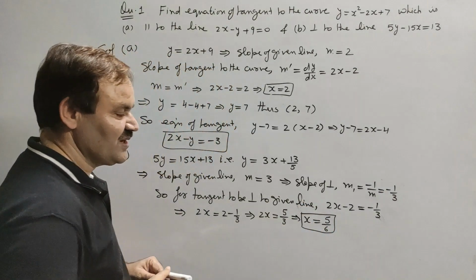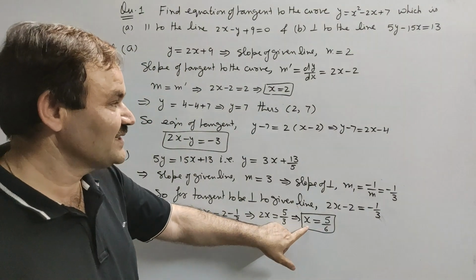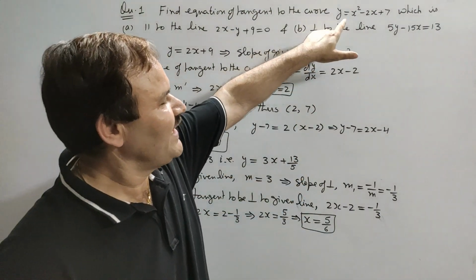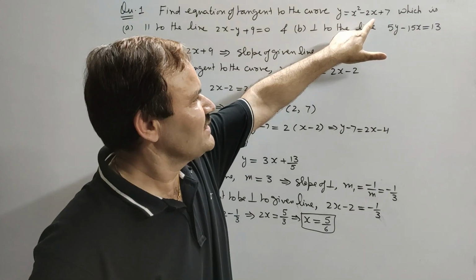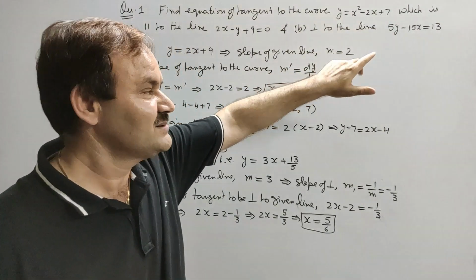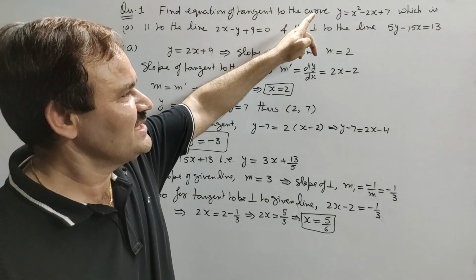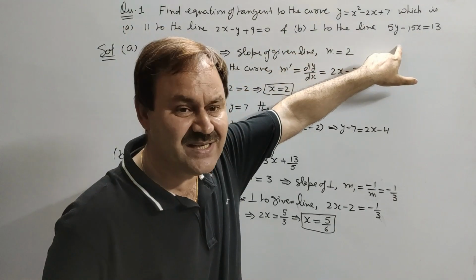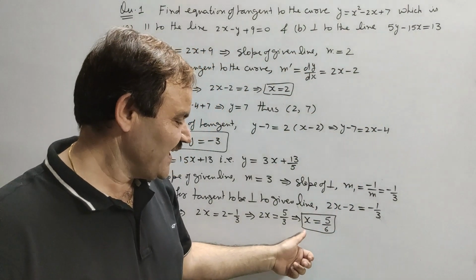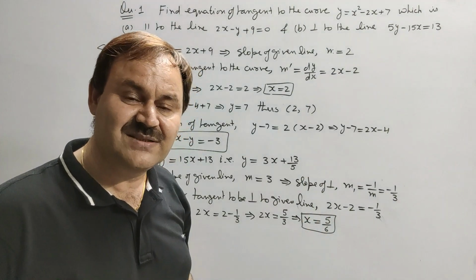It means the point on y is equal to x square minus 2x plus 7, at which the tangent will be perpendicular to this line, has x equal to 5 by 6.